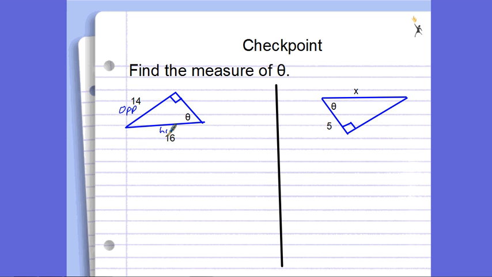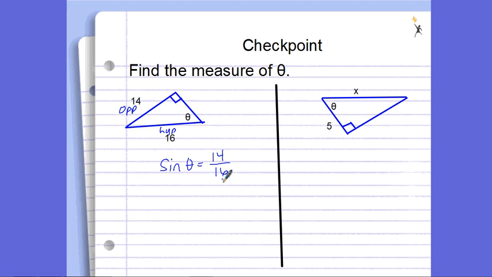Everybody agree with that? Okay, so then what's my relationship? Why is it sine? Sine is opposite and hypotenuse. So does everybody agree that sine of theta is equal to what? Opposite over hypotenuse. So it would be 14 over 16.